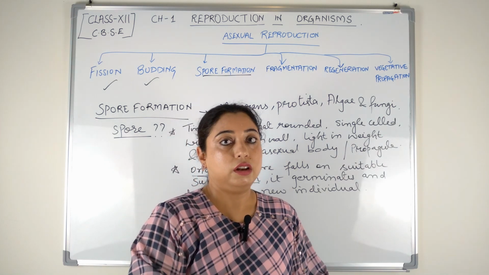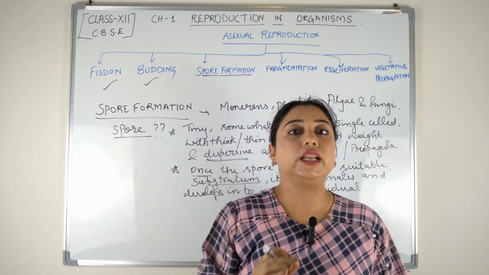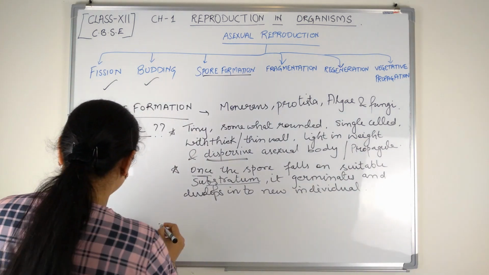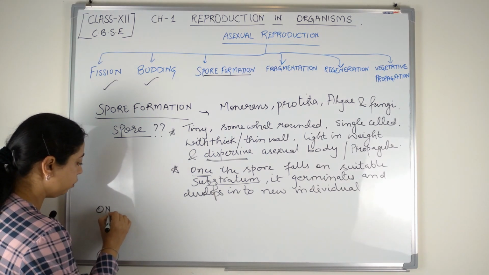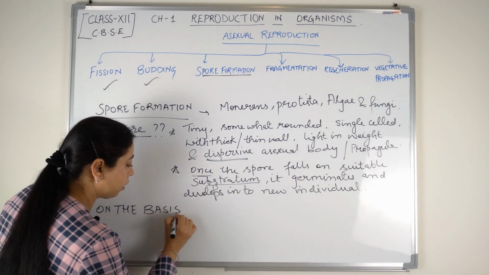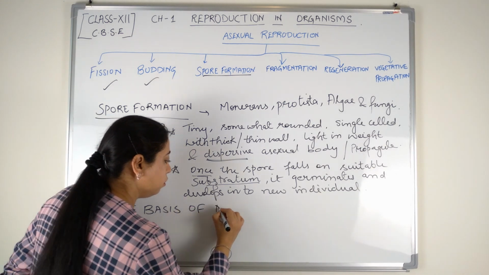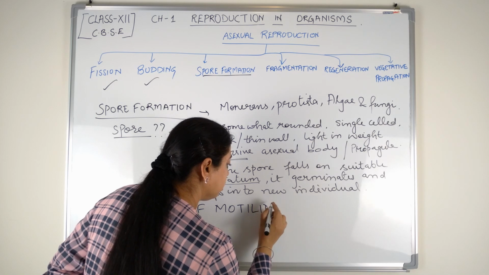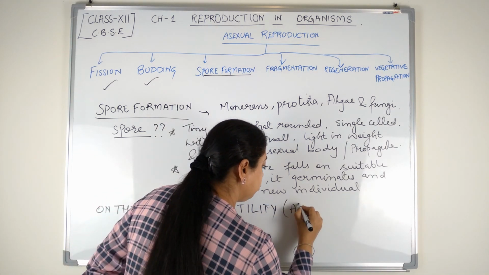Right? Now, on the basis of motility, there are two categories of spores. Motility means ability to move.